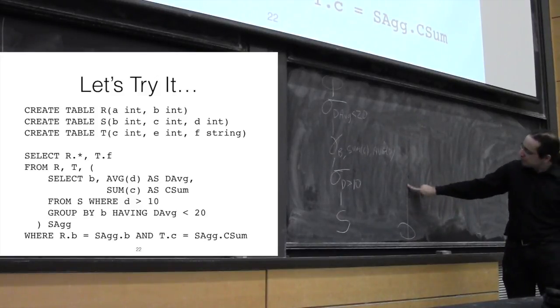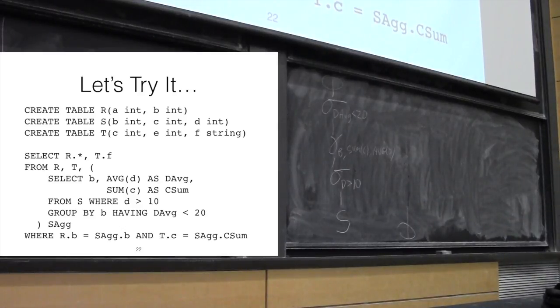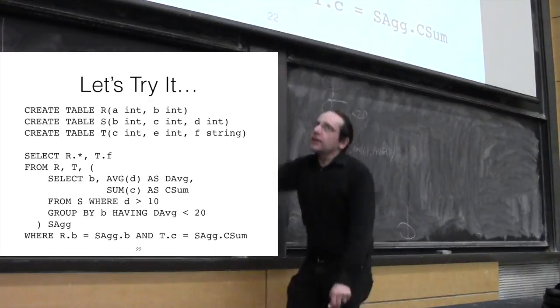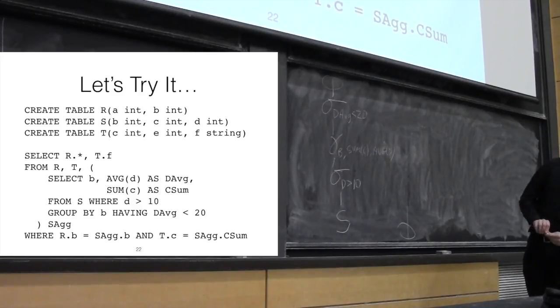All right, so let's look at this recursively. So I've handled the nested query, handled that guy. But I have not handled the entire from clause yet. I'm missing two other relations in there.